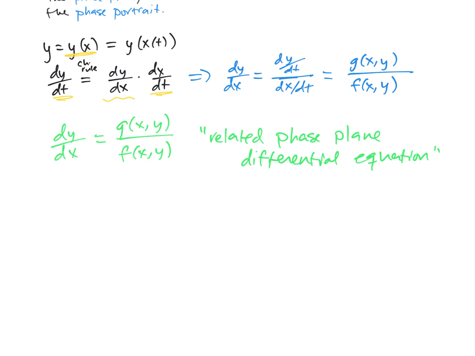Since t is missing, we'll have to figure out the direction of our trajectories, but this gives us that x and y relationship. We may not be able to solve this, but we do have some techniques. We have our direction fields, which help us get a picture of what the solutions look like. And that's exactly what we're after, just a picture. And what we're going to see is that we get a few different types of trajectories.